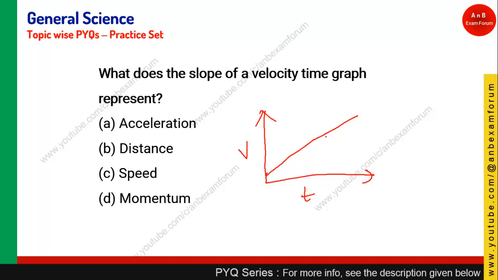So let's take this point and make a slope. Slope is what? This angle theta. So it is basically tan theta, which is perpendicular by base. So this is V, this is T, so V by T. V by T is what? Acceleration. So option A is the right answer.